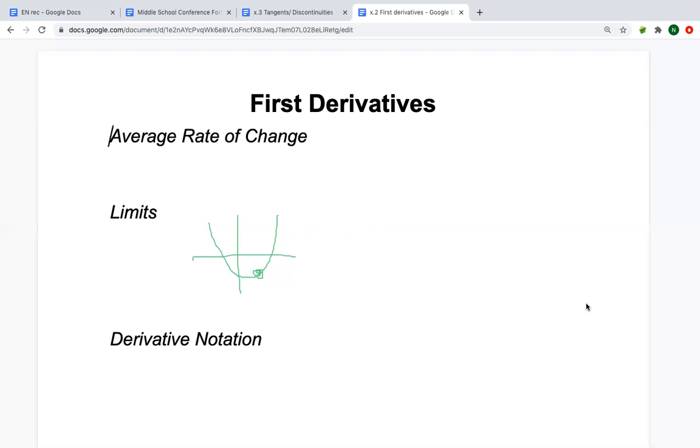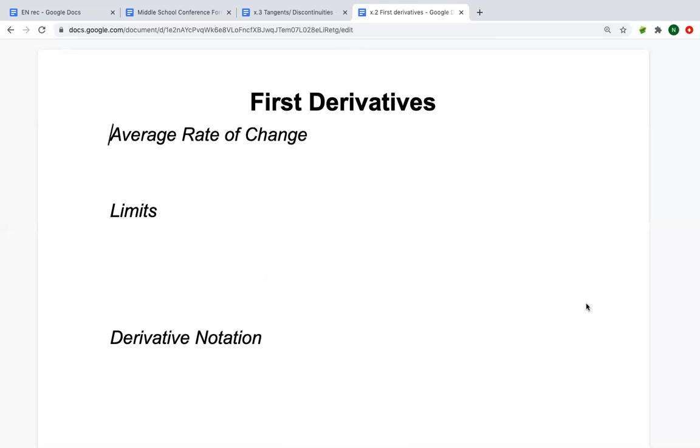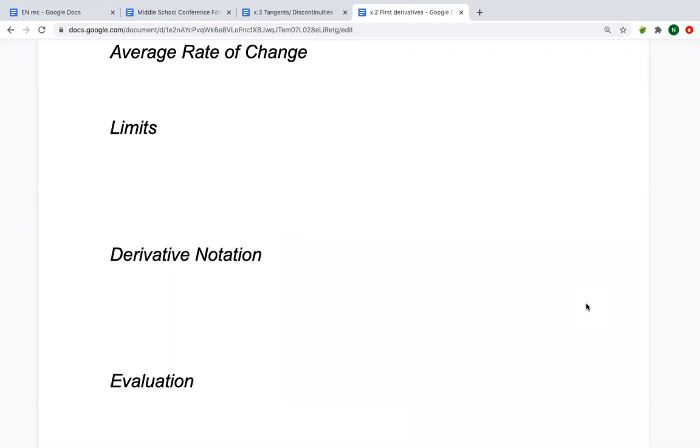If I were to write out the limits and show my work for that, it would take me a very long time. So what was developed is the derivative notation. Derivative notation allows us to do something very quickly. It looks a lot more complicated than it is, but I'll write it out first.